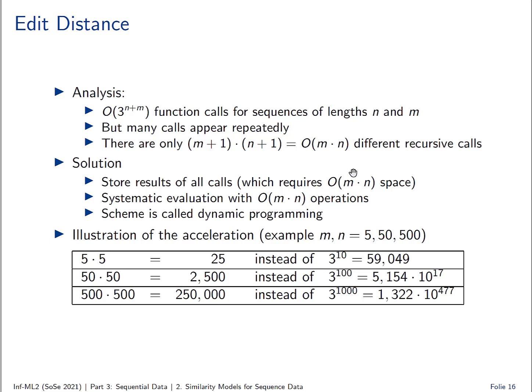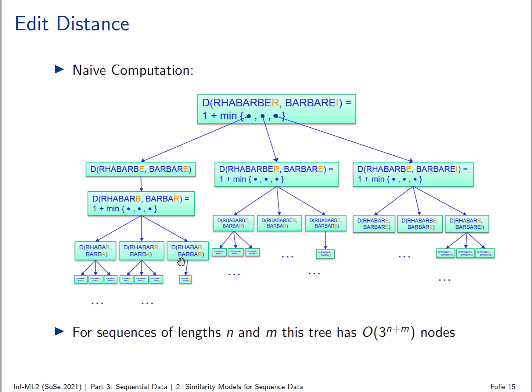I just told you something wrong. The height of the tree is not 3 to the power of n plus m. That's so many calls. The height actually is n plus m, because we go through n plus m elements in the worst case, and for all of those we have in the worst case 3 recursive calls.